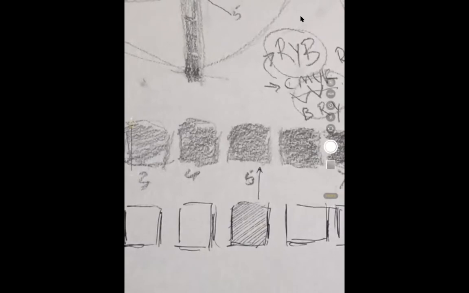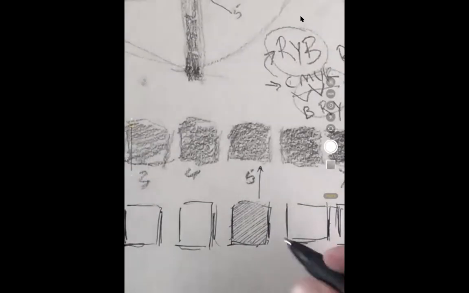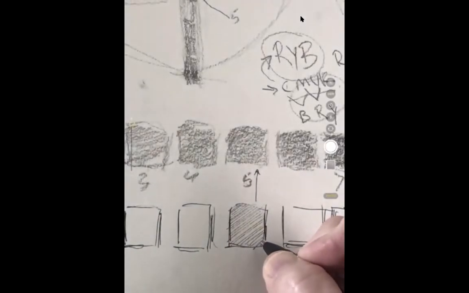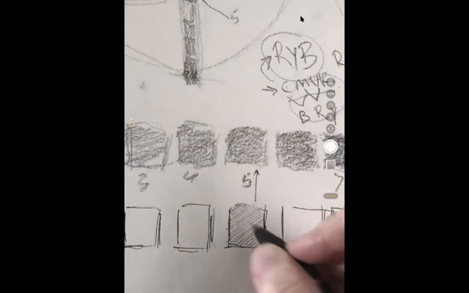The fewer lines there are, the lighter it's going to be. What's happening there is the black ink versus the white paper, and the way your brain is reading the quantity of blackness to whiteness.